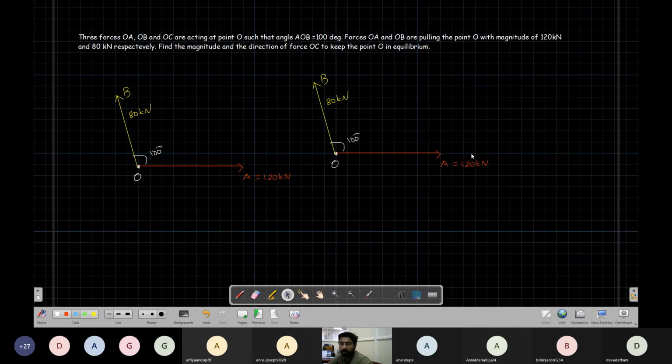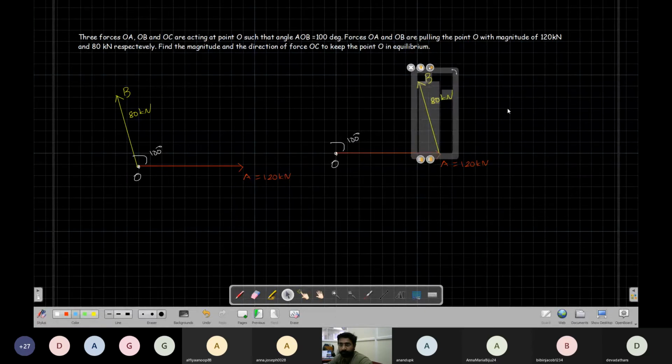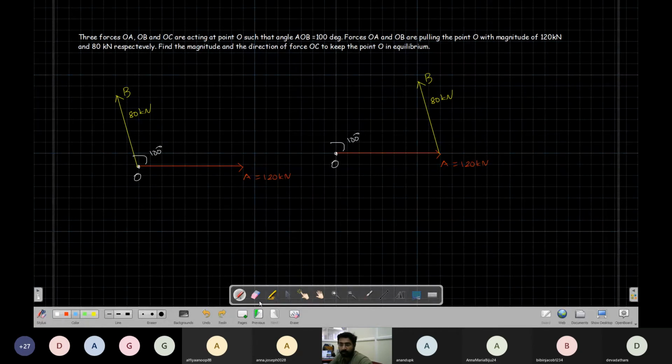So what I can do is take this force and move it here. If they are in equilibrium, then my resultant should be in this direction. So I'll copy this resultant.